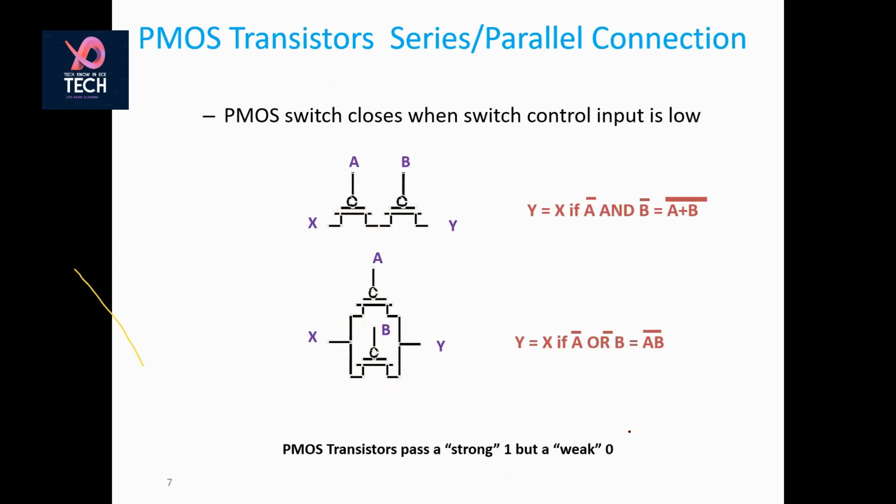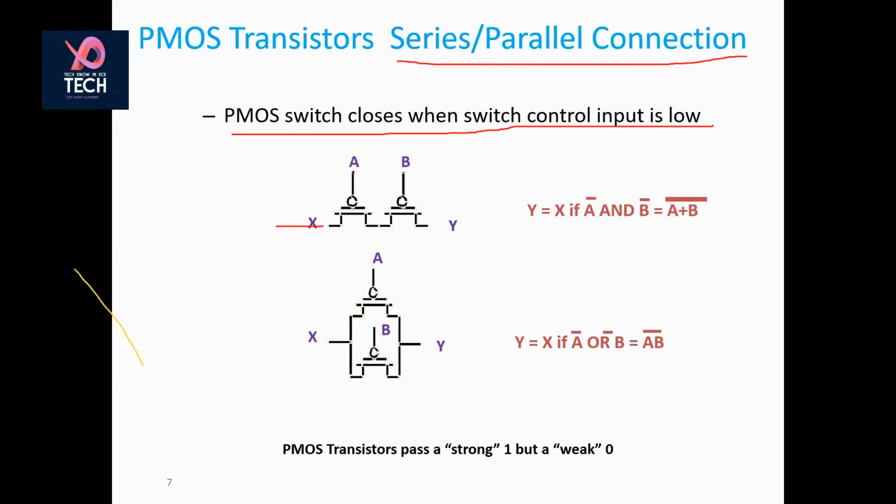Now similarly, we talk about PMOS transistors. Your PMOS transistors also have series and parallel connections. A PMOS switch closes when the switch control input is low. So what does it mean?